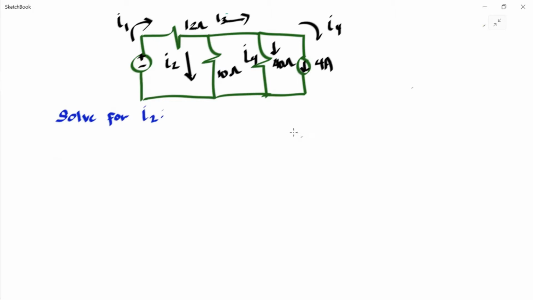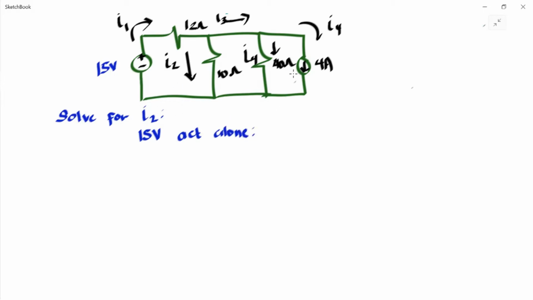For this example, we need to solve for I2. When using superposition theorem, first we choose the first source that we will be considering. For our first step, we will consider only this voltage source, which is 15 volts. So 15 volts acts alone.